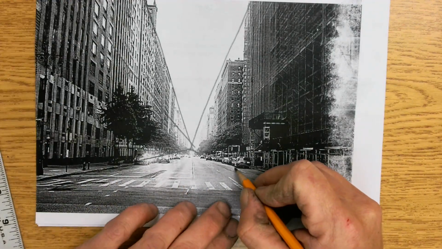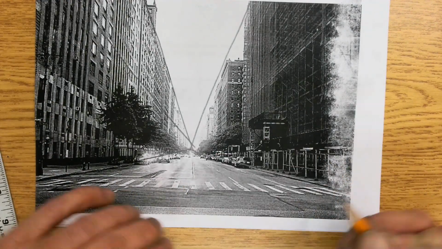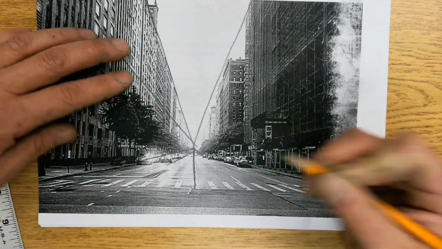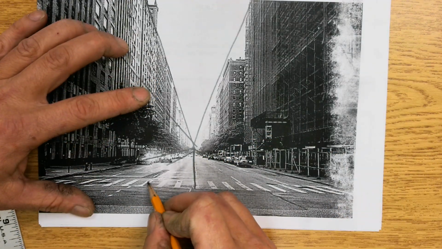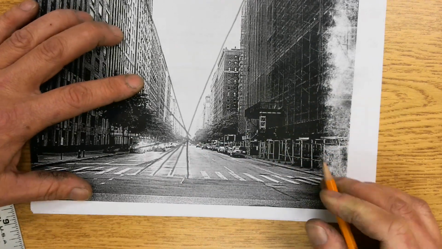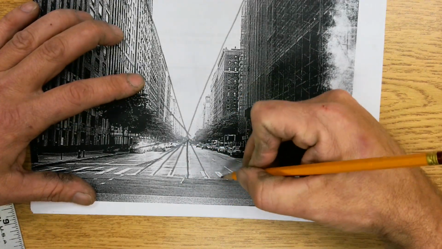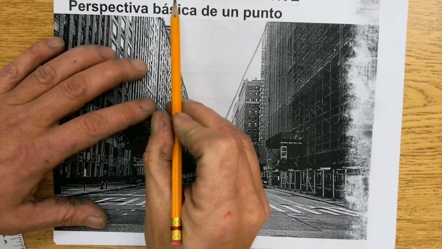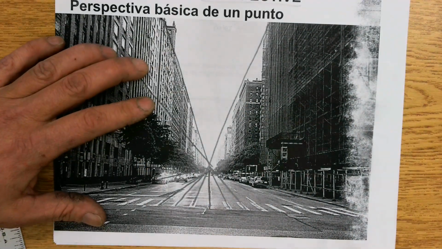Even the bottom of the cars, the line in the middle of the road, even the crosswalk lines. Notice that they're all going to one point, one place.